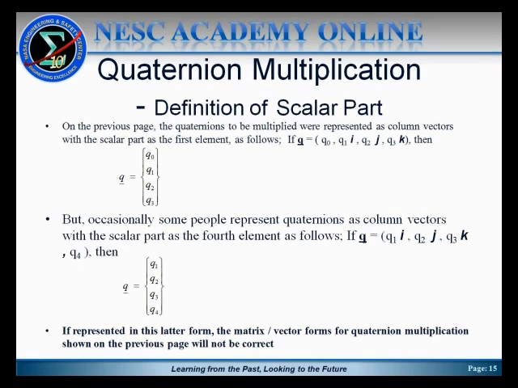If that is represented as a 4-element column vector, Q1 through Q4, then obviously the form shown on the previous page for using a matrix vector multiplication to do quaternion multiplication will not be correct, because the form of that equation and the elements of the 4x4 matrix were dependent on the quaternion being written in the form shown at the top of this page, where Q0 represents the scalar part, and Q1 through Q3 represents the vector part.